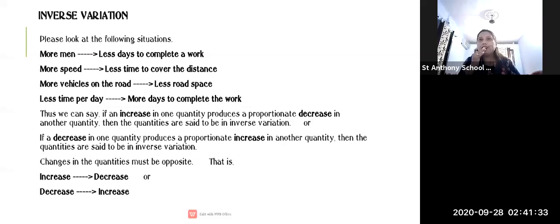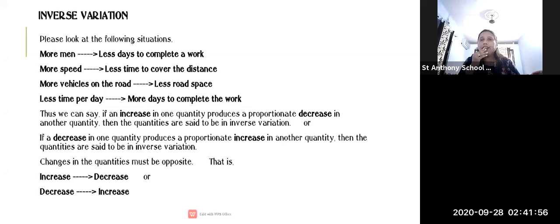So here what we see is that when there are more men, fewer days are needed to complete the work. We can see that if an increase in one quantity produces a proportionate decrease in the other quantity, then the quantities are said to be in inverse variation.